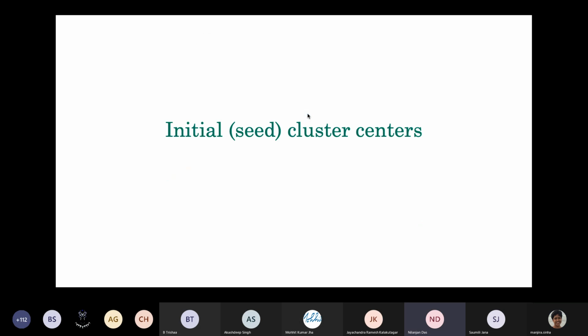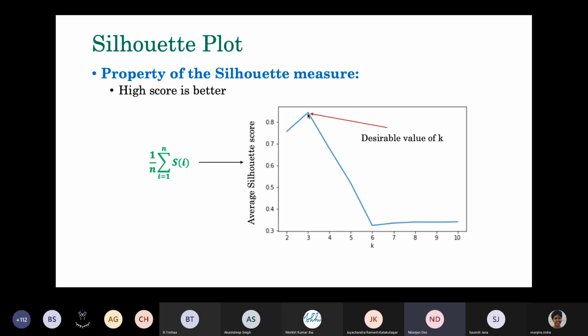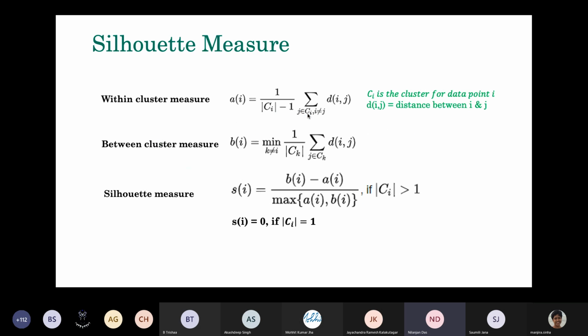Ma'am, for Ci equal to 1 in the previous slide, how is the silhouette measure turning out to be 0? It should be 1, right?